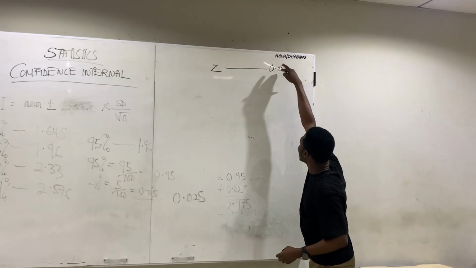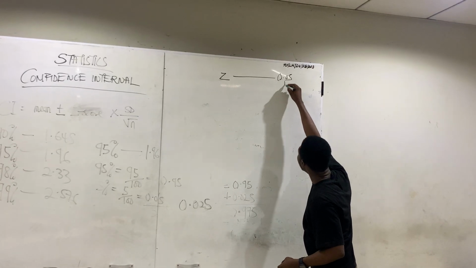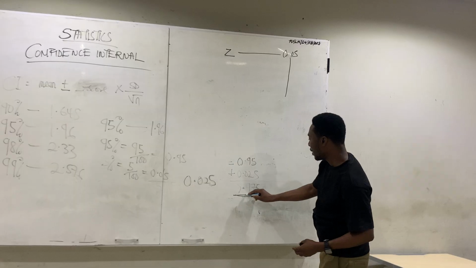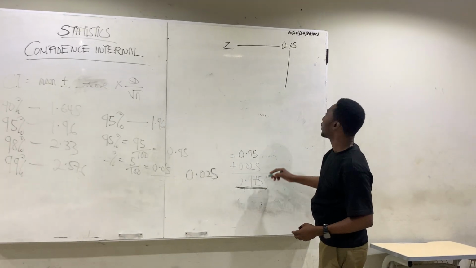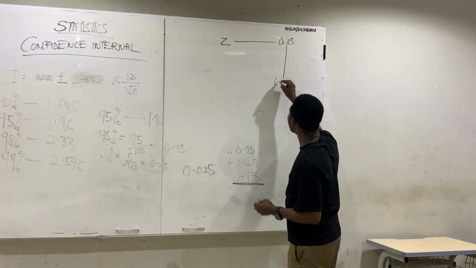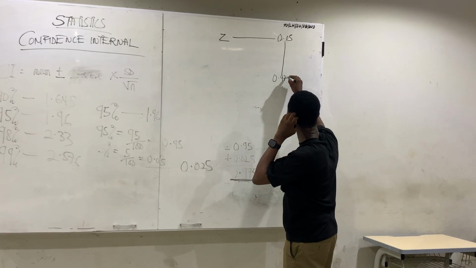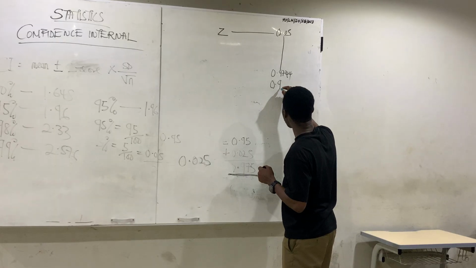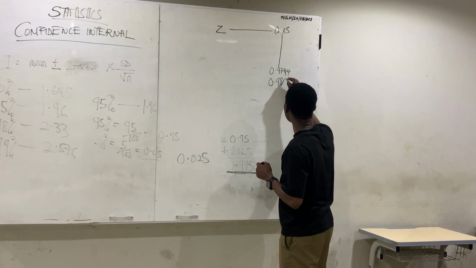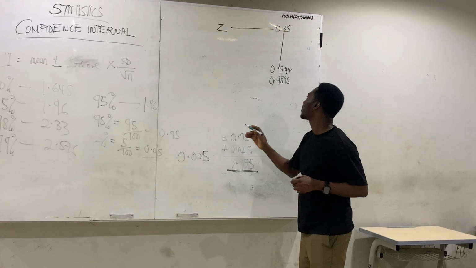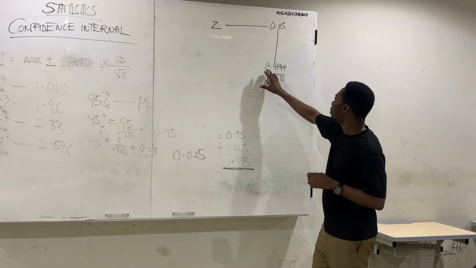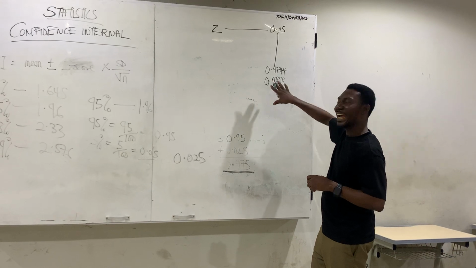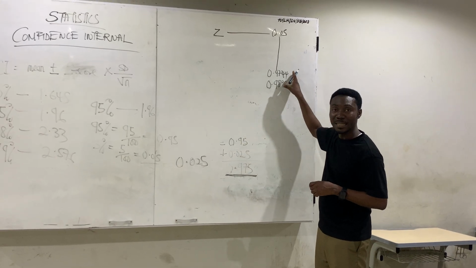Now, when you stand on the significance, start looking for a probability similar to this. In looking for it, you will come and meet 0.9744, and then you will also come and meet 0.9898. You come and meet these two probabilities.